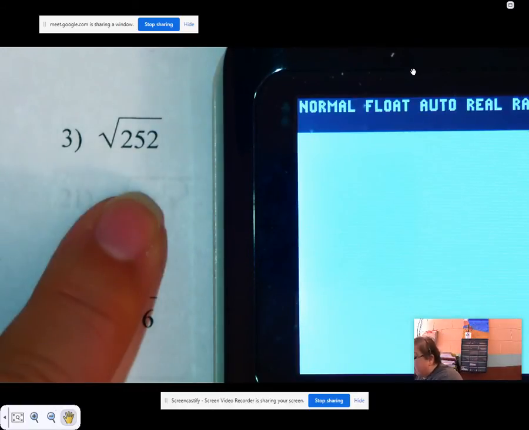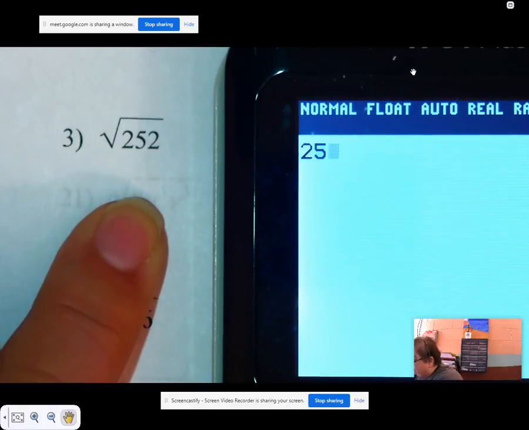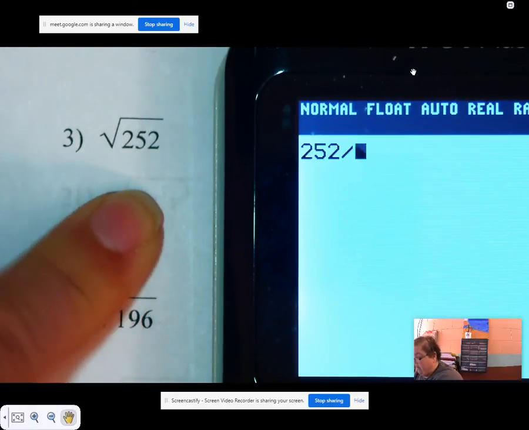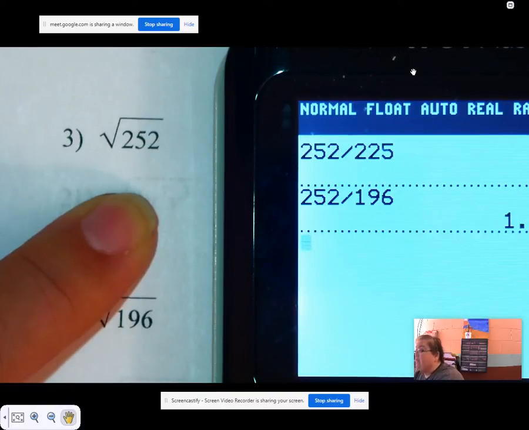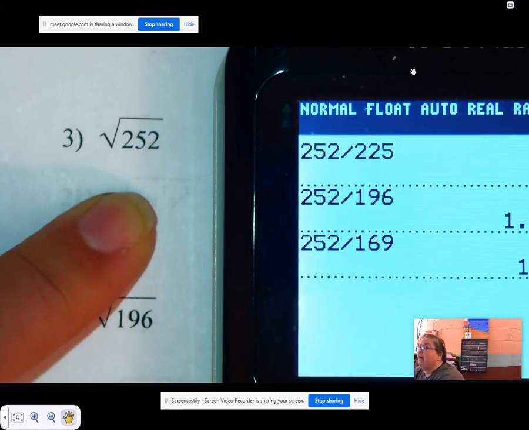I'm starting with 252 and dividing by the 225. Is that a whole number answer? No, so it won't work. So I go up to the next one. So I've got 252 divided by 196. That's definitely not a whole number. And then we just keep going until we find that number.